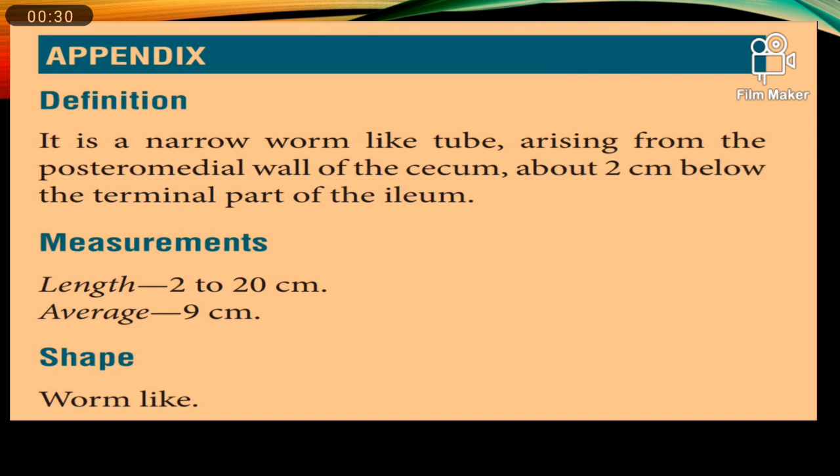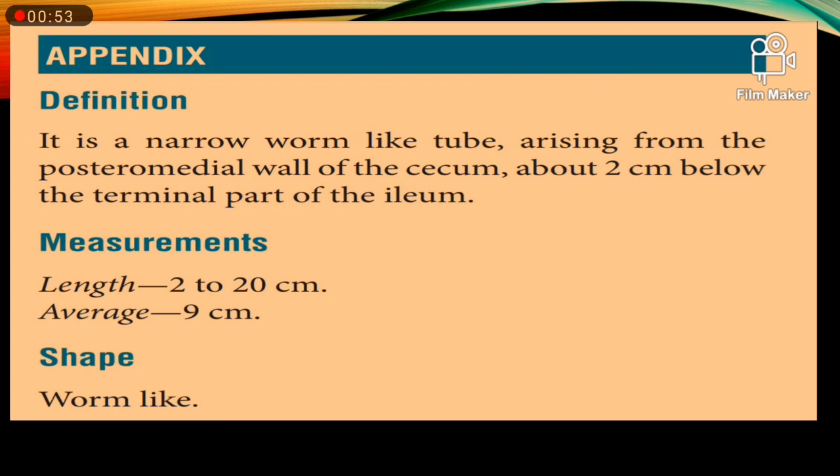The appendicular opening is 2 cm below the ileocecal opening. Length varies from 2 to 20 cm, but the mode average is 9 cm. So most individuals have 9 cm in length.